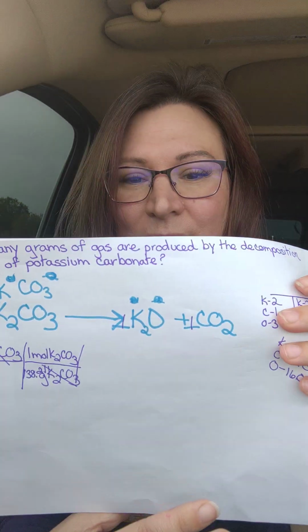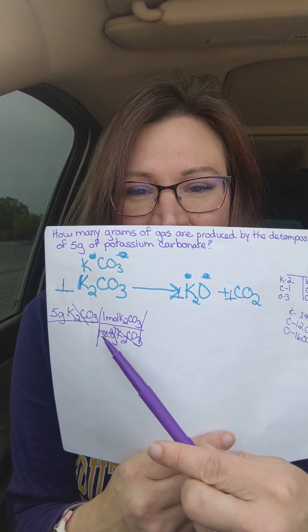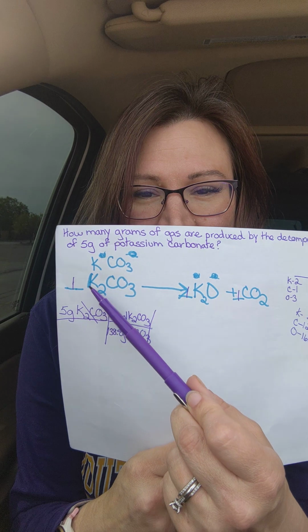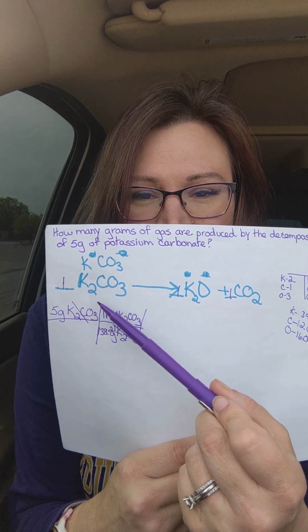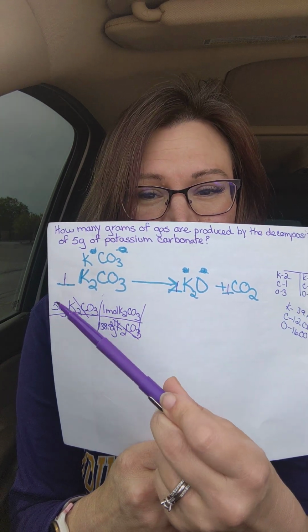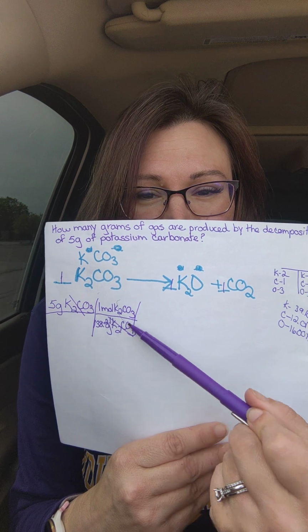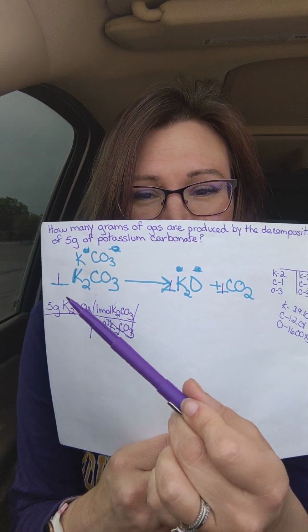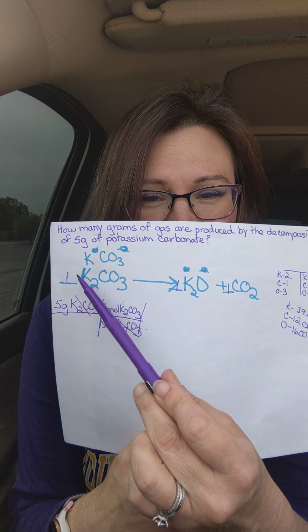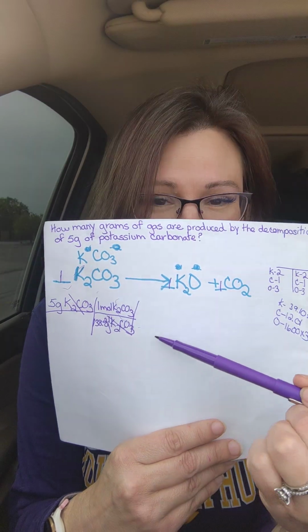Okay, so now we've gotten rid of the grams of potassium carbonate. How do we get rid of the moles of potassium carbonate? Well, we look back at our equation and we know that we have 1 mole of potassium carbonate in our equation. So that will be our way of canceling out this one. Now if it had been 2 moles, we would put 2 moles down here.